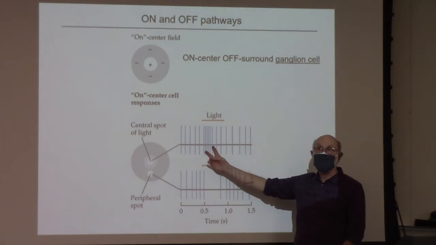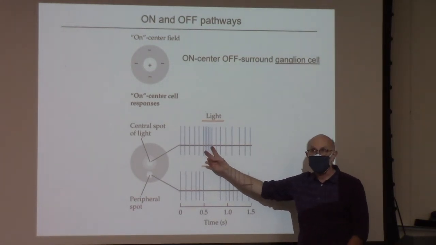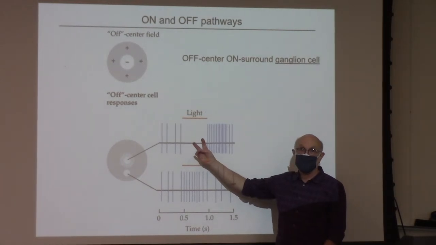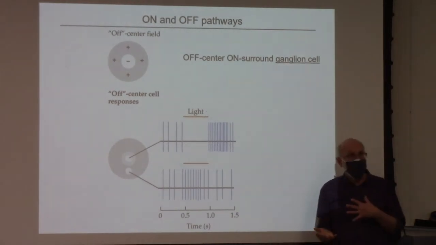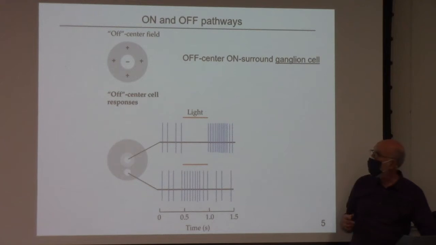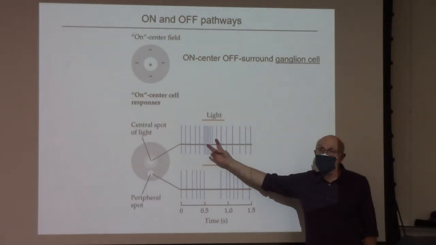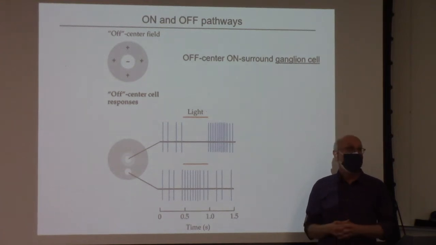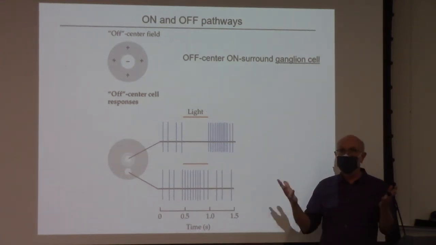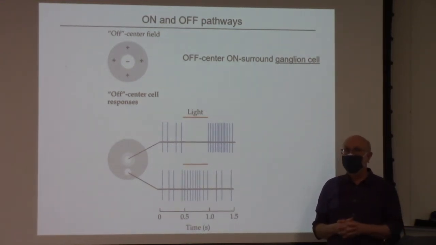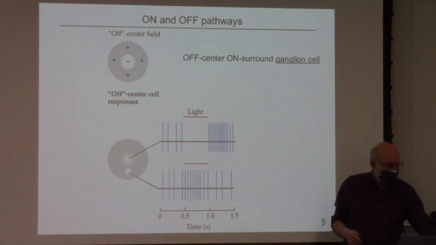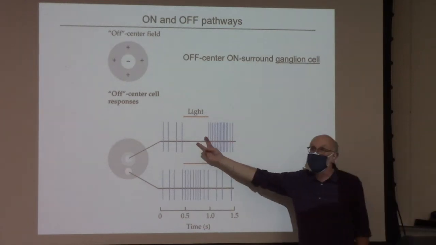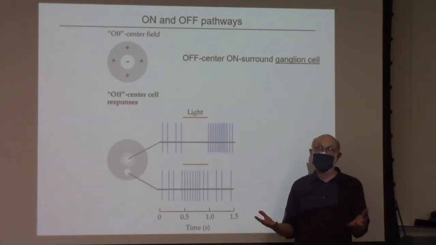Some of those axons are carrying more action potentials, and some of those axons are carrying fewer action potentials. And the pattern of action potentials, high frequency or low frequency, is what our brain is going to interpret as image. The point here is that both an increase in frequency and a decrease in frequency is information.